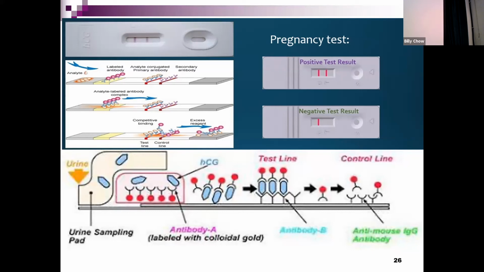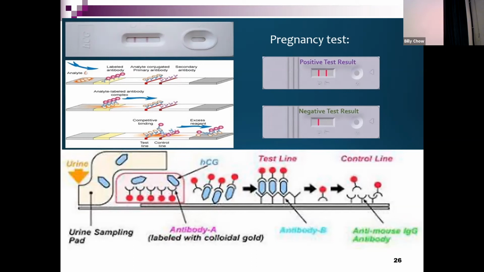So the idea is that there's a color antibody that will migrate together with the analyte that is present in the urine sample. And then this labeled antibody, the red color, will travel along. And then when there's HCG in the urine, this primary antibody is able to interact with HCG.